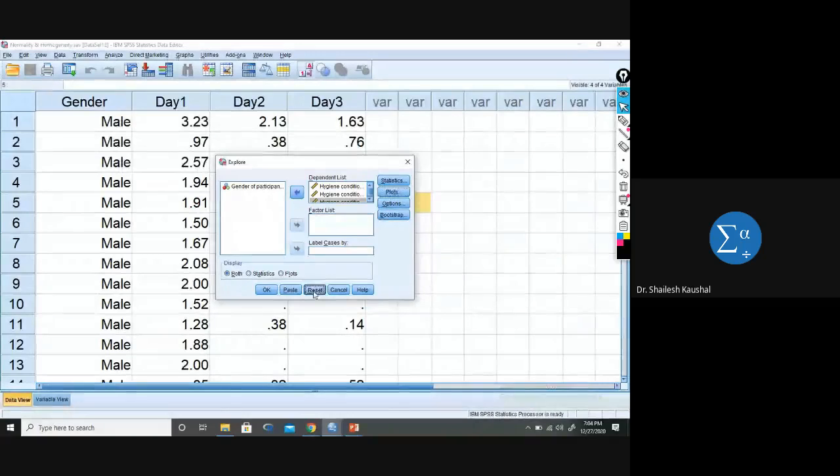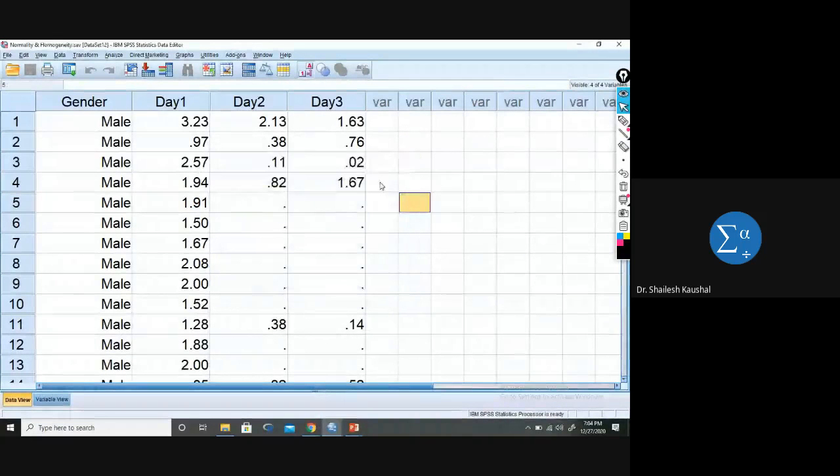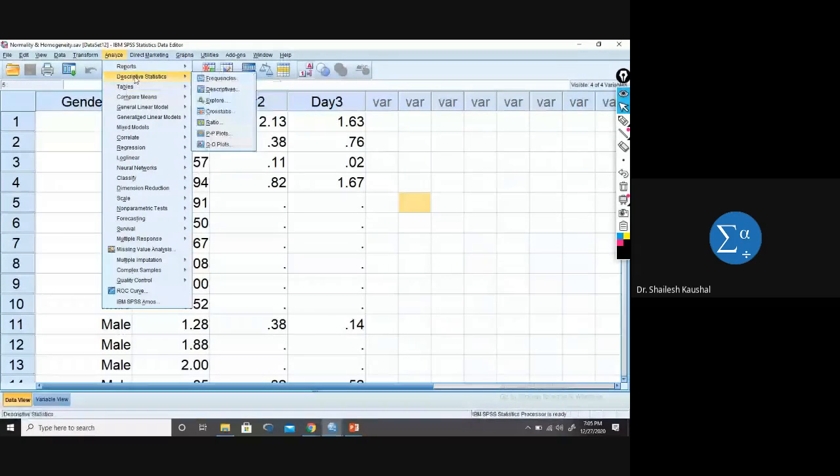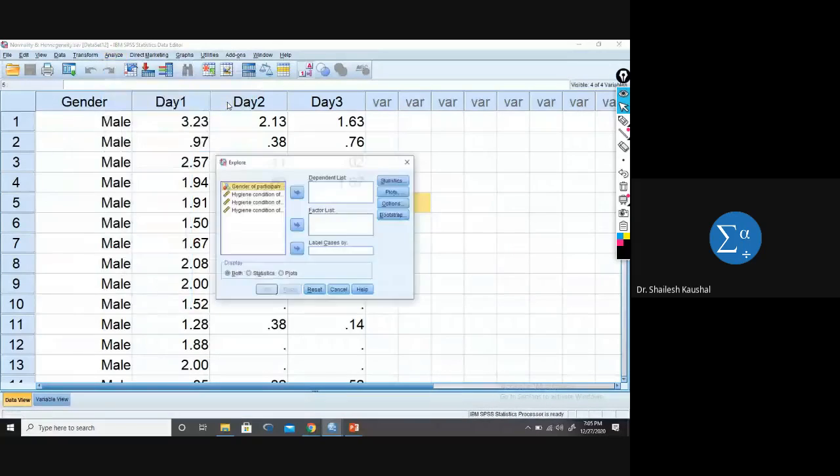I'm repeating again how to find the normality of our data. Analyze, descriptive statistics, and explore. I am selecting all three variables and transferring them into the dependent list.